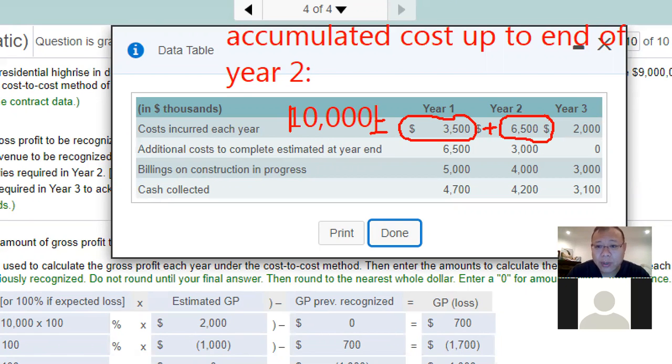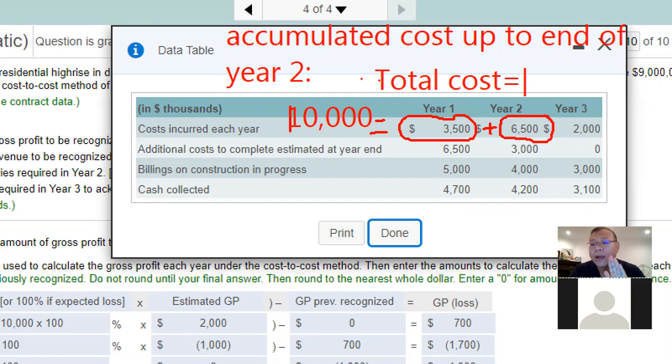What's the total cost? Note that there's additional cost to complete of 3 million, right? So you already incurred 10 million, and you need an additional 3 million to complete.